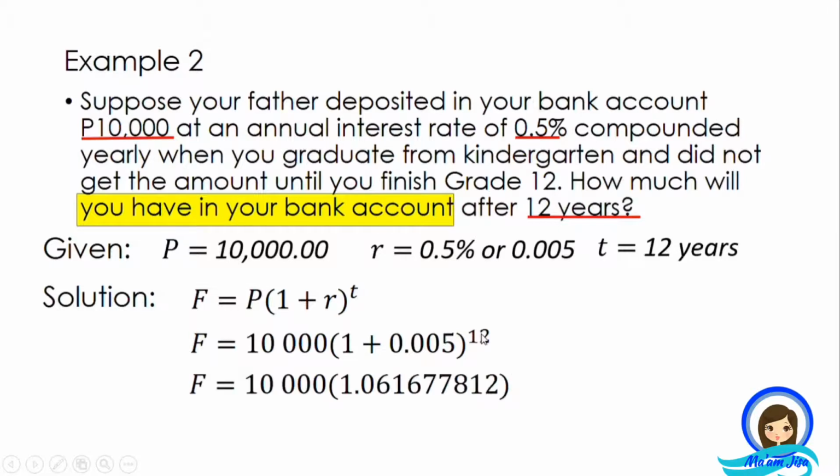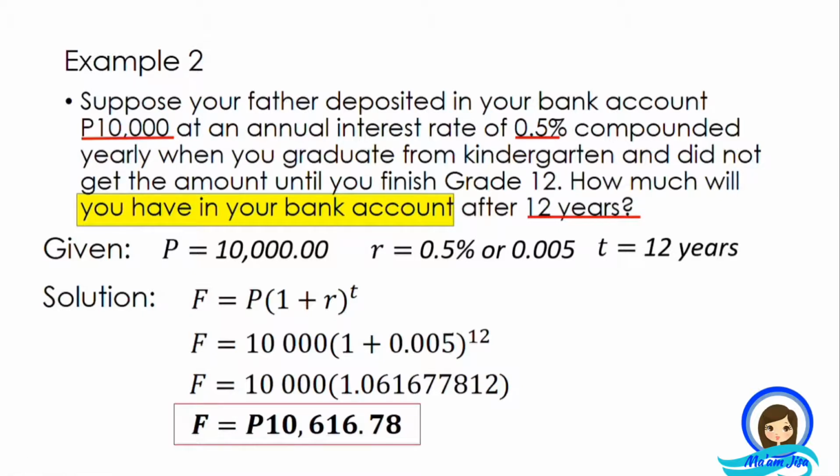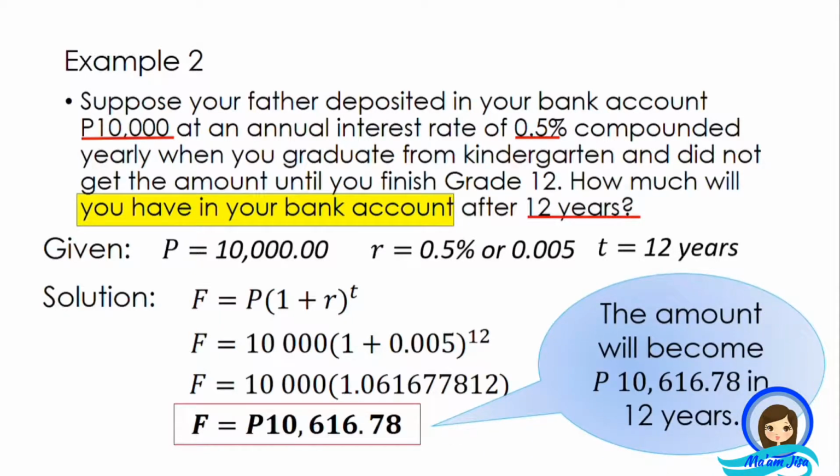That is equivalent to 1.061677812. Then multiplying this to 10,000 pesos, the future value is 10,616 pesos and 78 centavos. So after 12 years, you will have this amount in your bank account.